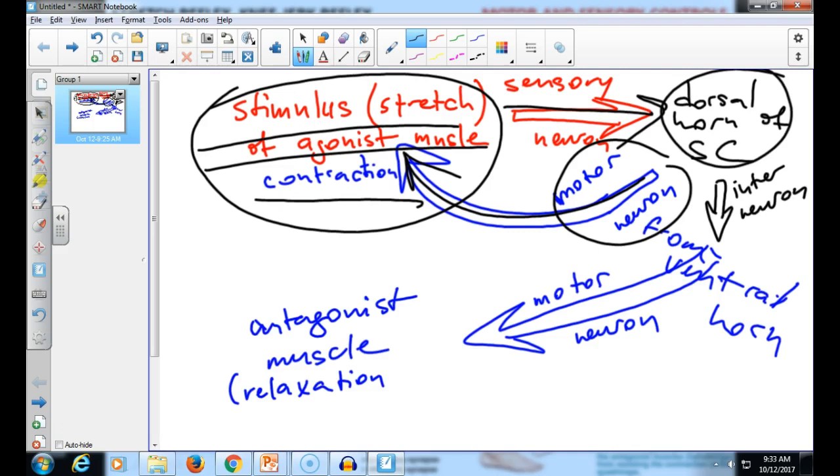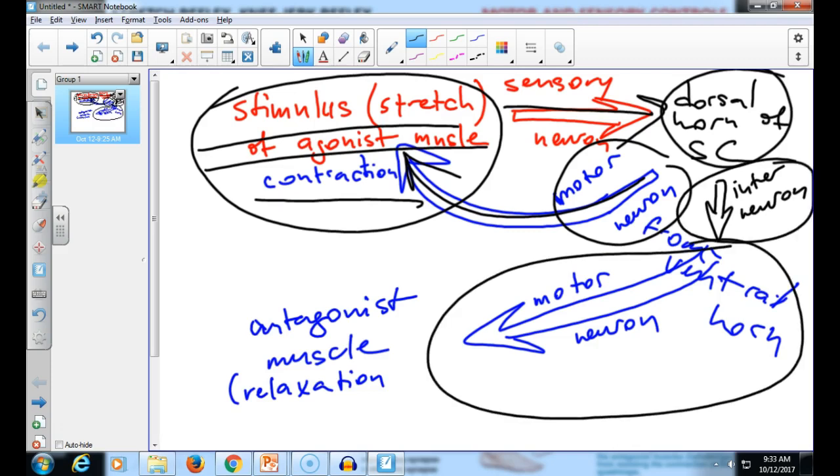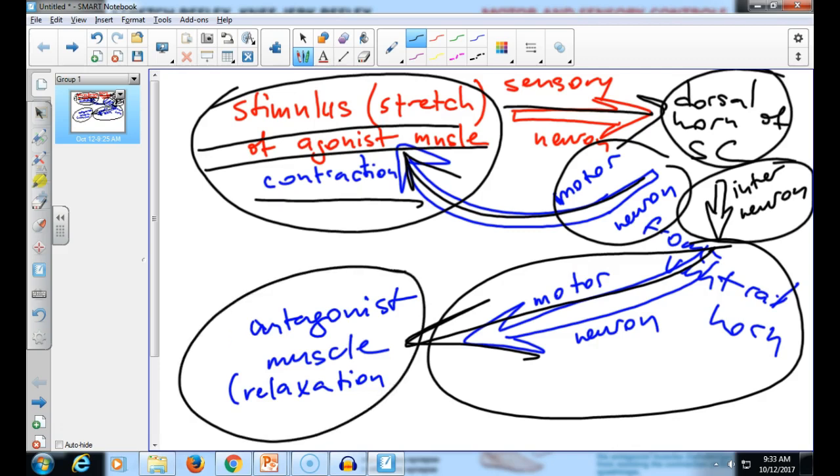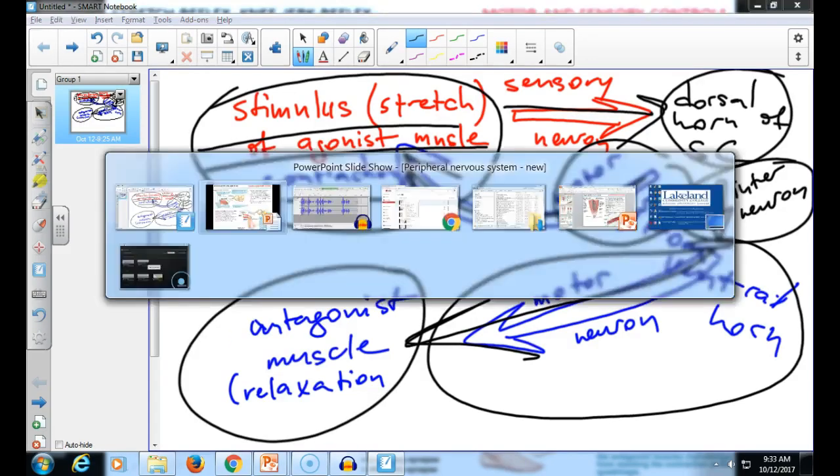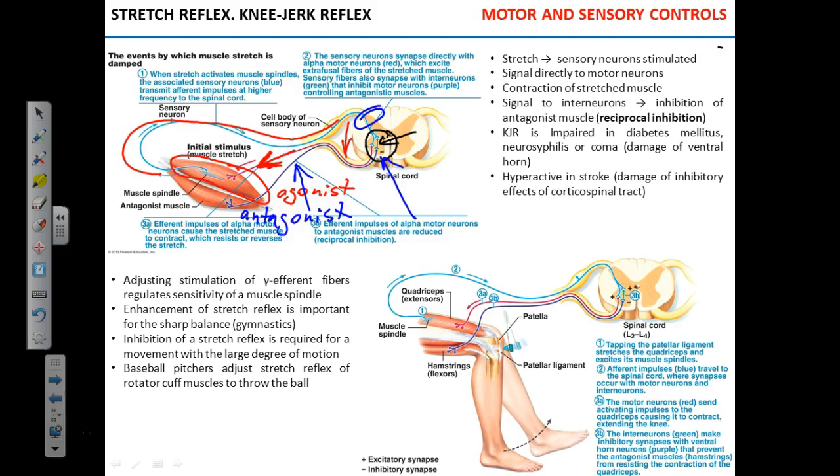Is that clear? Is that good? Another response goes through the interneuron, which synapses with another motor neuron, and this second motor neuron goes to antagonist muscle, which relaxes. This relaxation is called reciprocal inhibition.